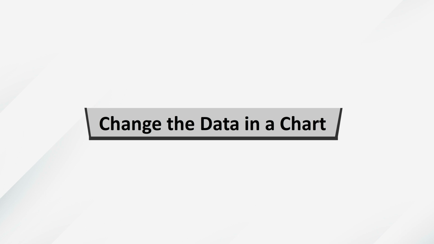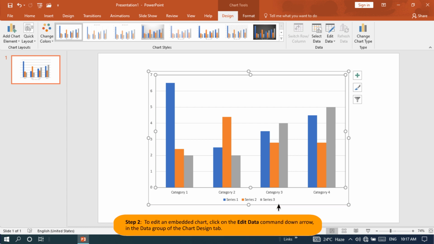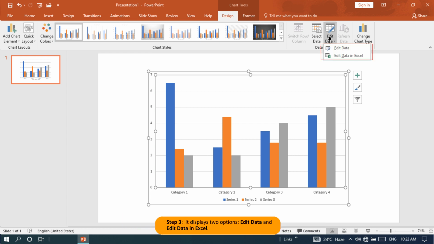Change the data in a chart. Step 1. On the slide, select the chart whose data you want to change. Step 2. To edit an embedded chart, click on the Edit Data command down arrow in the Data group of the Chart Design tab. Step 3. It displays two options, Edit Data and Edit Data in Excel.